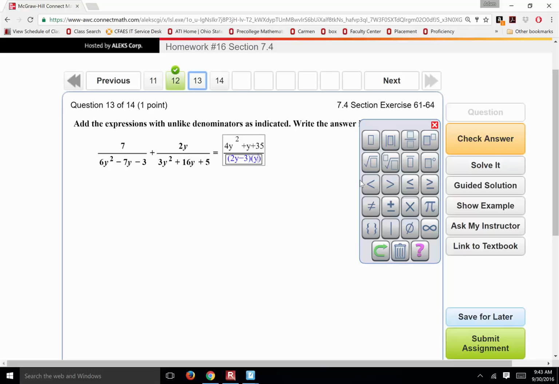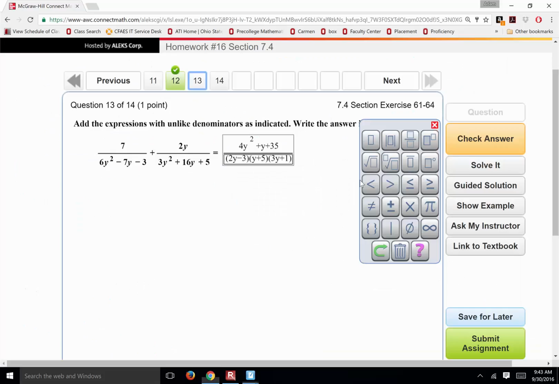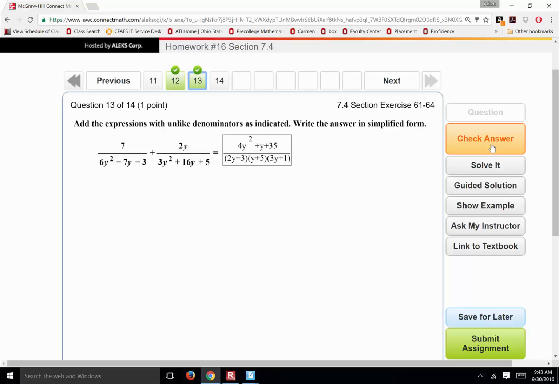Y plus 5. 3y plus 1. Yep. Correct. Good job. Okay. It didn't factor, it didn't cancel. Sorry.